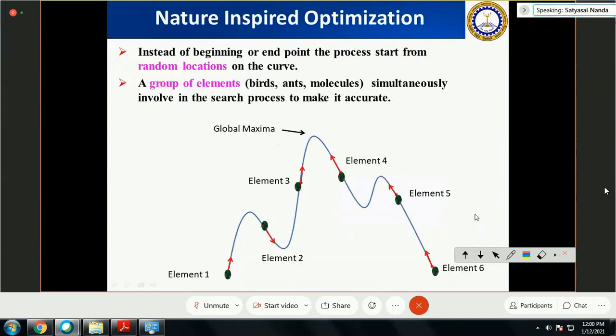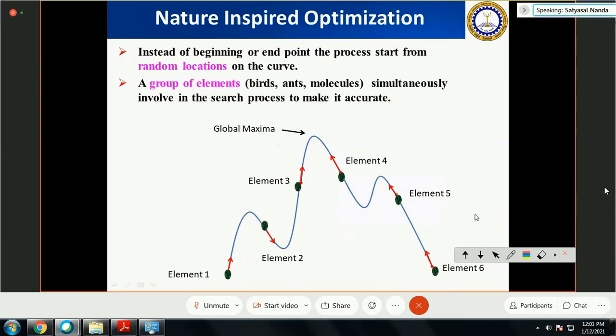So what is there in nature-inspired optimization that will help us in achieving this global optimum? They do not employ a single element either from the beginning or from the end, but they employ multiple elements. These elements interact with each other, and they simultaneously do only one job, that is to determine either the maxima or the minima.